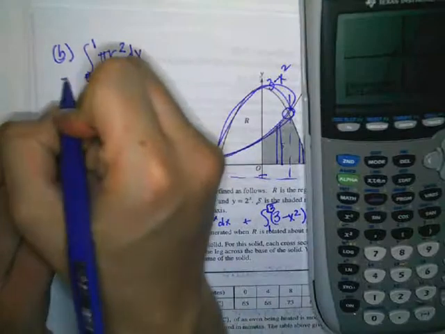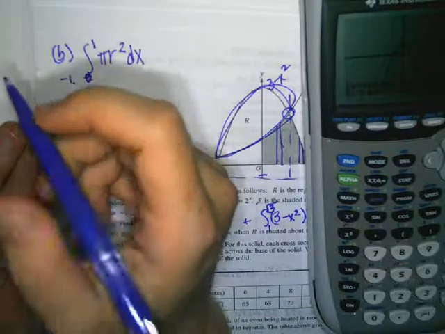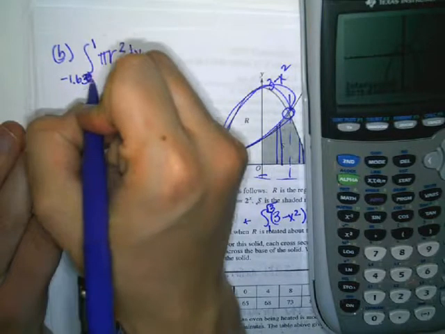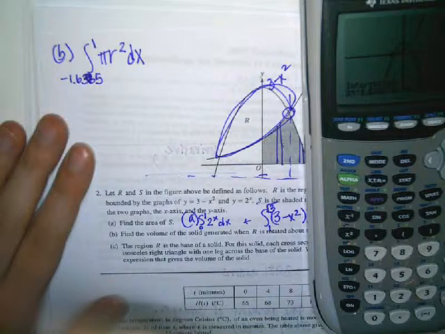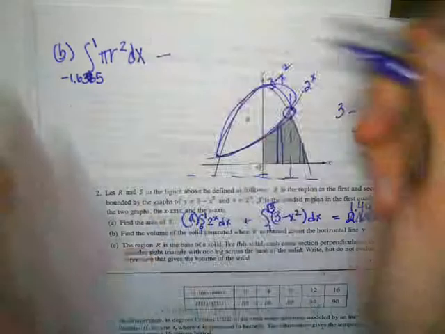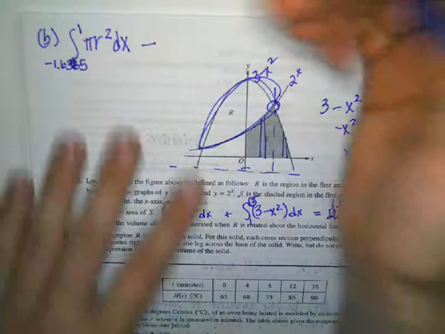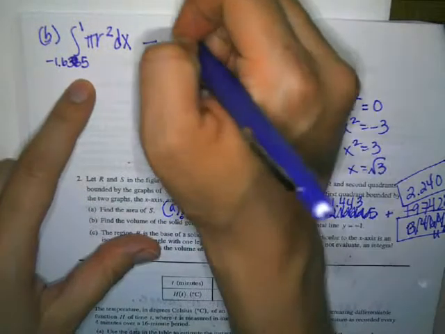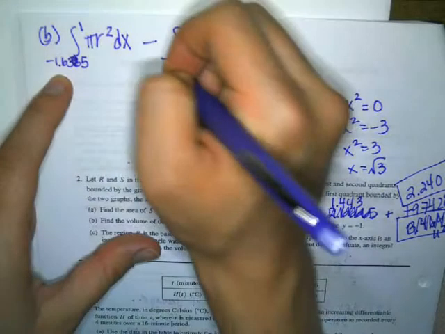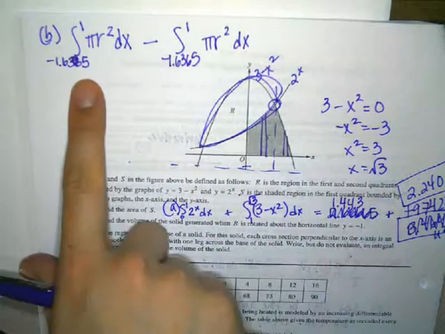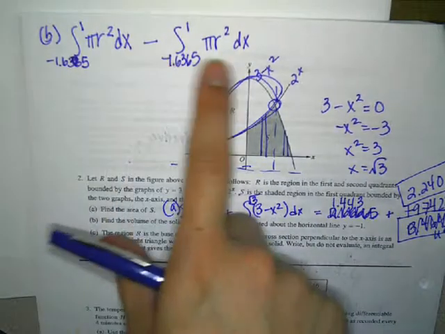So we'll go -1. Let's go to 4 decimal places, because remember, we don't want to round too much. All right. And then same thing. So this will represent my outer disk minus my inner disk.